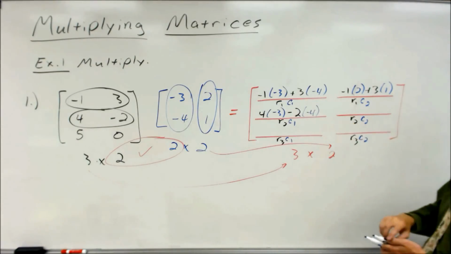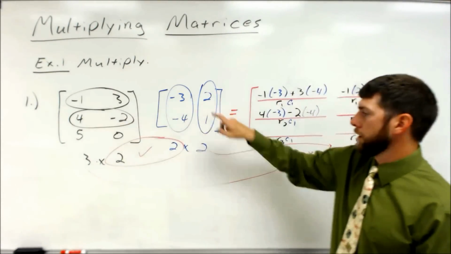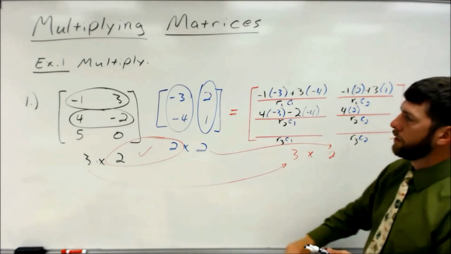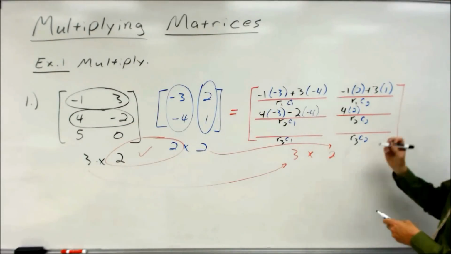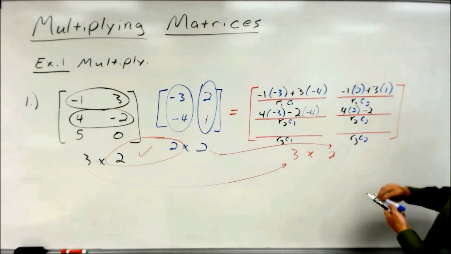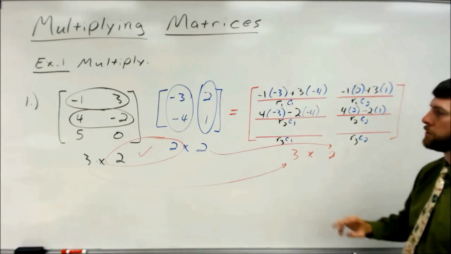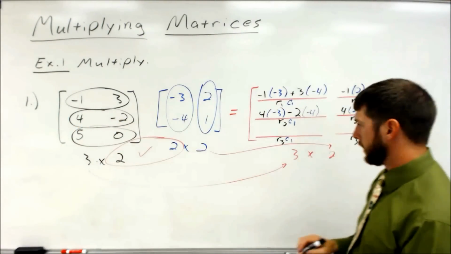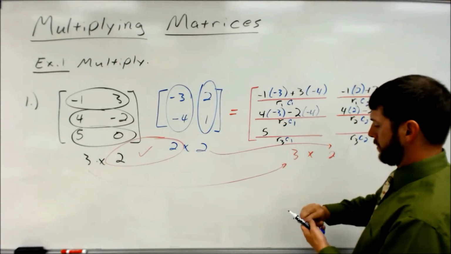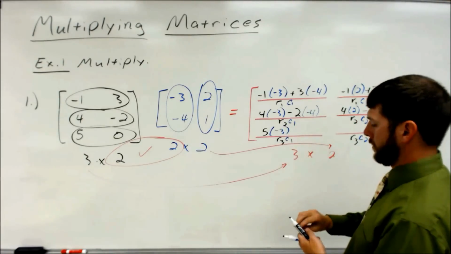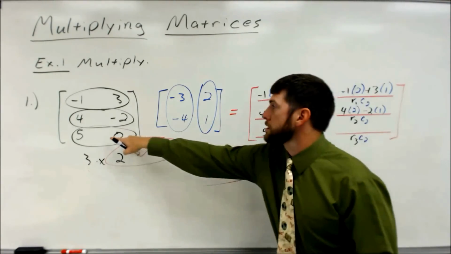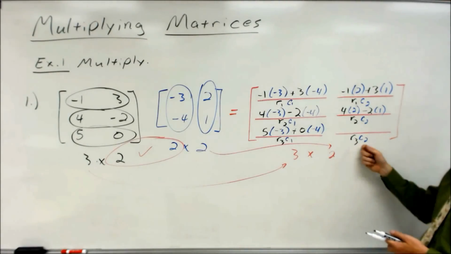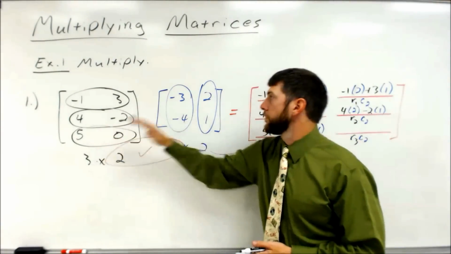Moving to row 2, column 2: 4 and 2, -2 and 1. For row 3, putting it with column 1: 5 and -3, plus 0 and -4. Then we do row 3, column 2: 5 and 2.